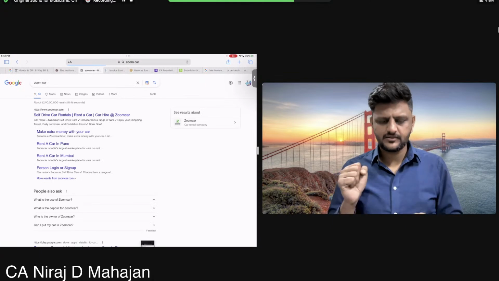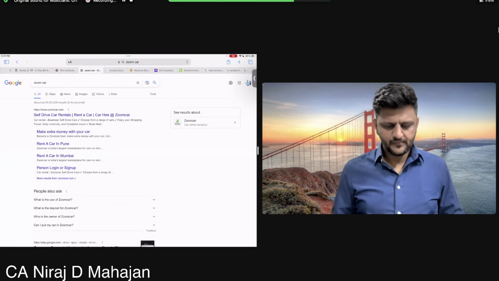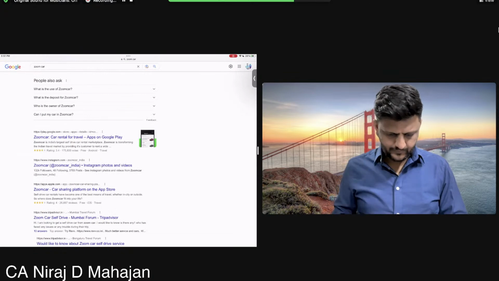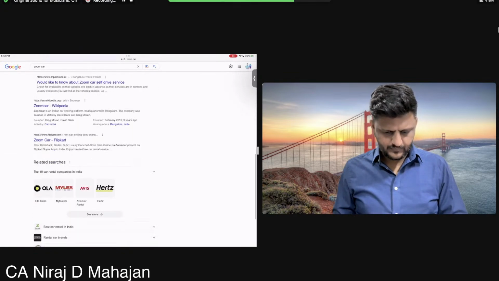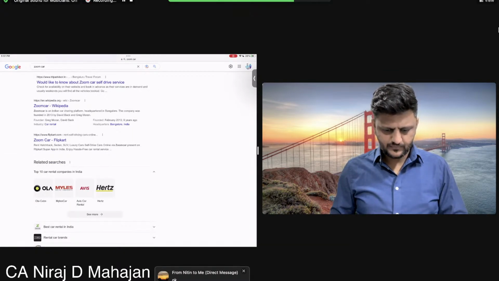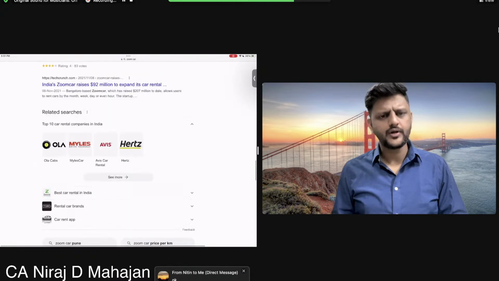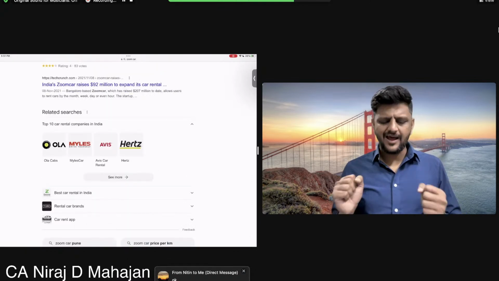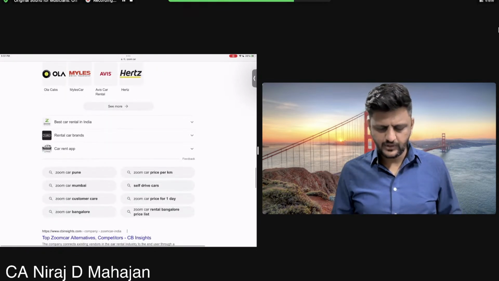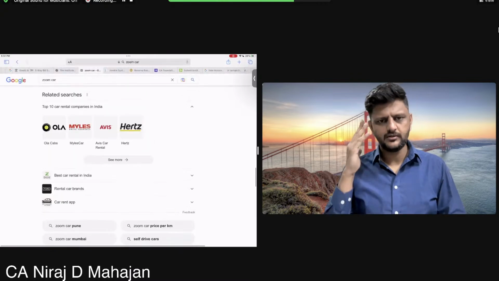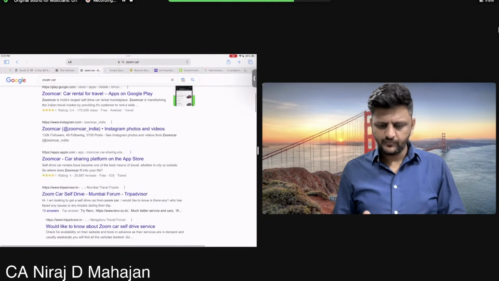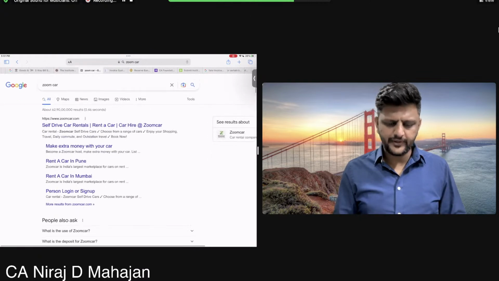Self-drive rental cars. There is Miles also. Take a drive yourself. Did you understand? That means you're taking the car on rent. We used to take a cycle on rent in school days. Now you can take a car on rent.